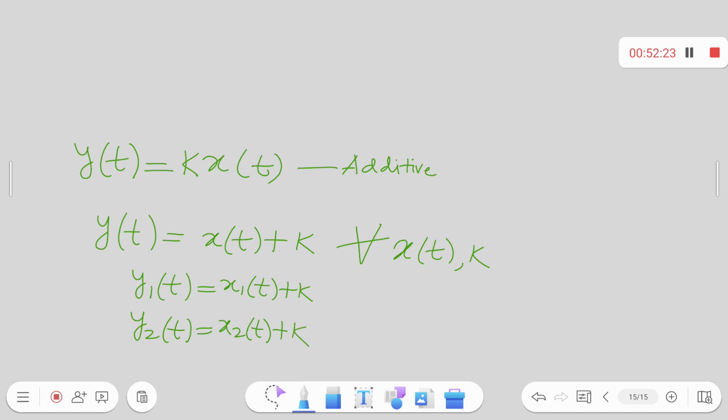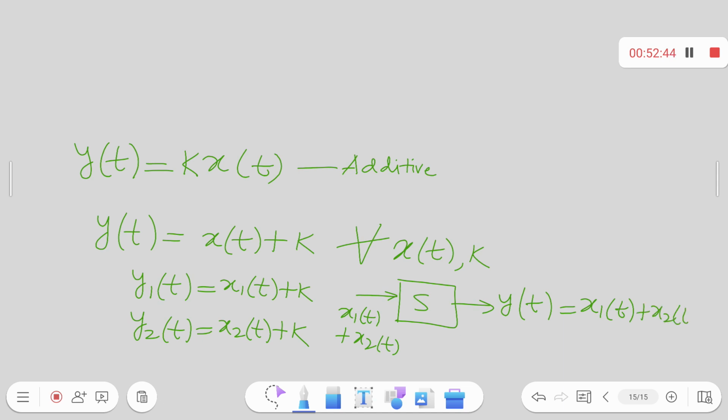Now if your input is x1(t) plus x2(t), what will be the output? y(t) is equal to x1(t) plus x2(t) plus k, which is not equal to y1(t) plus y2(t).